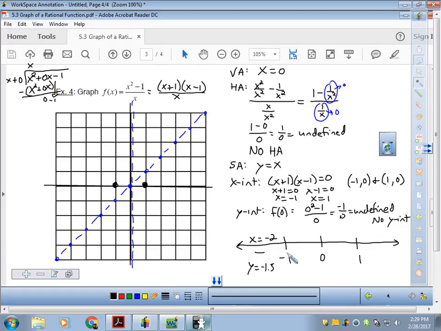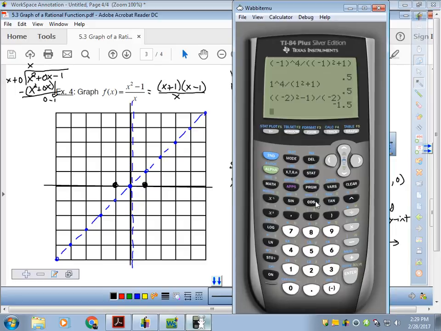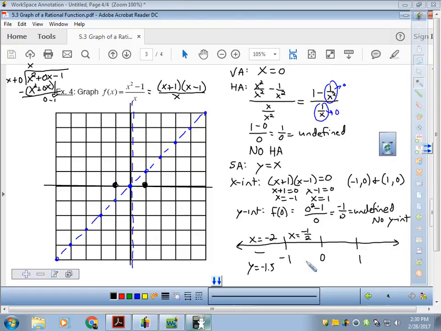In between -1 and 0, I can do something like -1/2. So -0.5 squared minus 1, divided by -0.5. That gives us a +1.5. And then in between 0 and 1, I can do something like x equals 1/2.